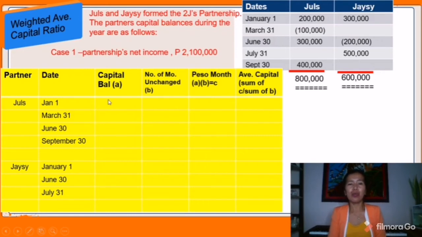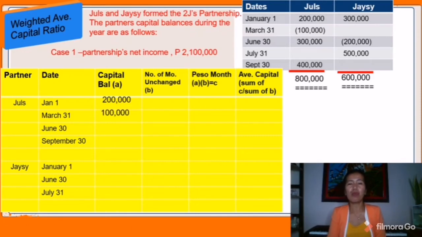And the next thing to do is to determine the capital balance of the partners based on the respective month or period. So for January 1, we have the beginning capital balance of 200,000. And on March 31, that is 200,000 beginning balance less the drawings, 100,000. So the balance is 100,000.